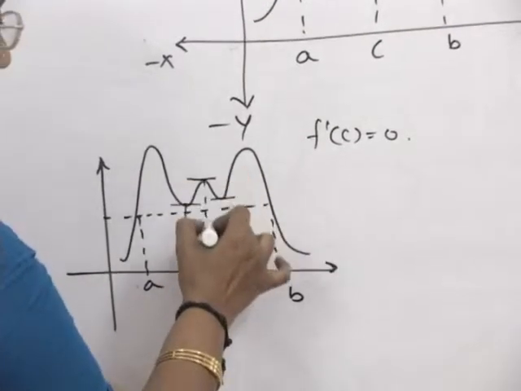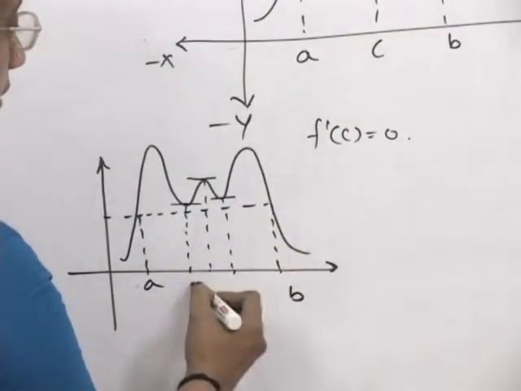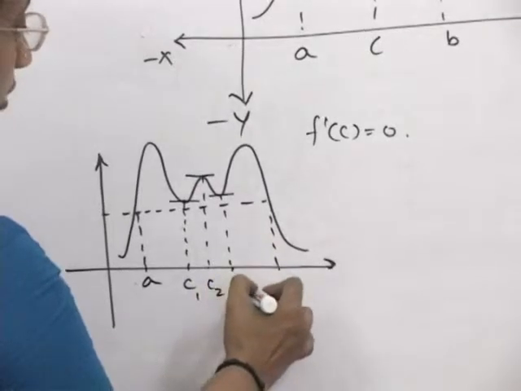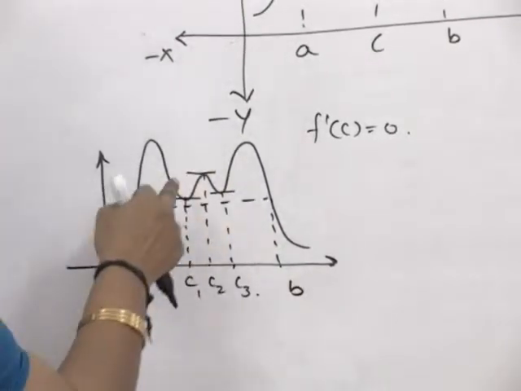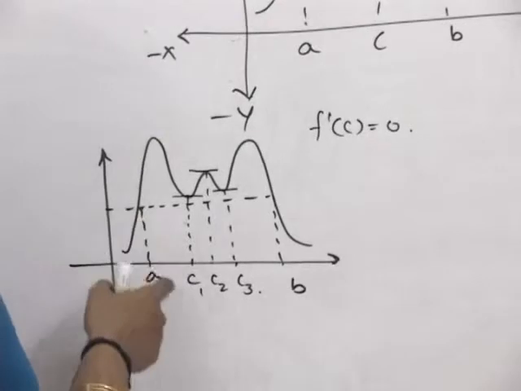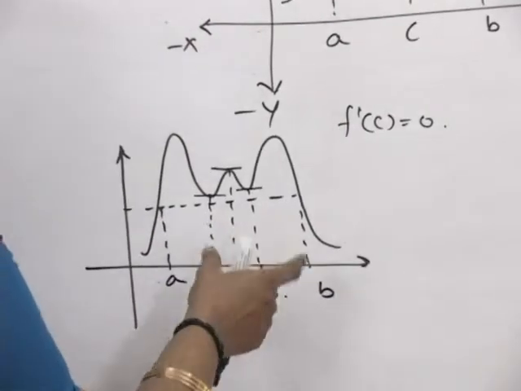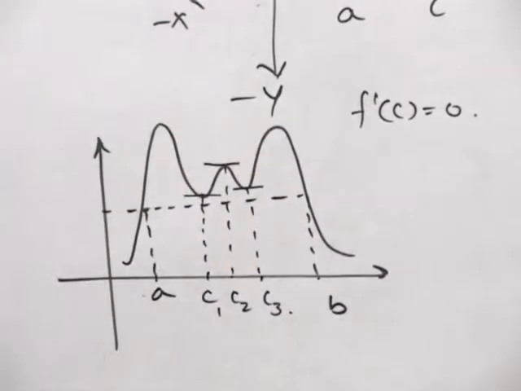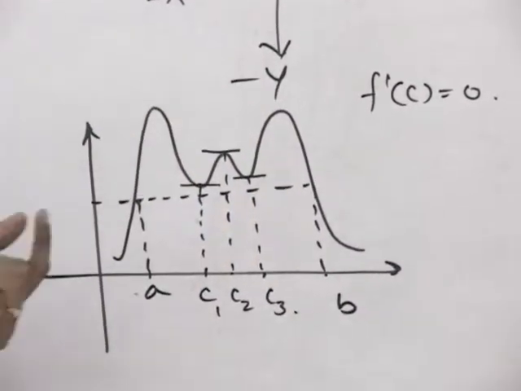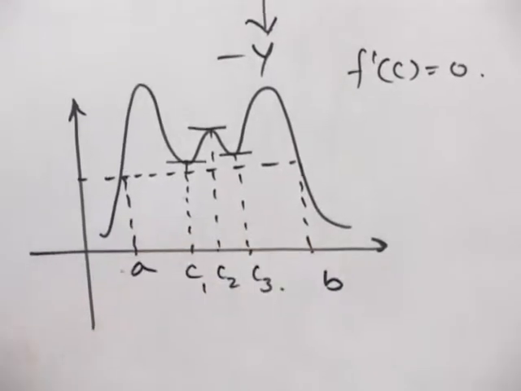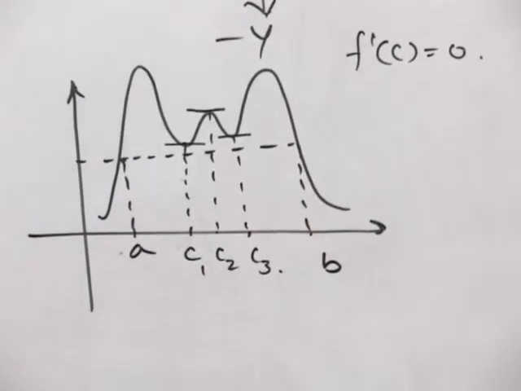So we can find many c's, c1, c2, c3, such that at all these points the tangent to the curve is going to be parallel to the x-axis. So it is not necessary that we can find only one point, we can find multiple points such that the tangent will be parallel to the x-axis. Now that is the geometrical interpretation of Rolle's theorem.